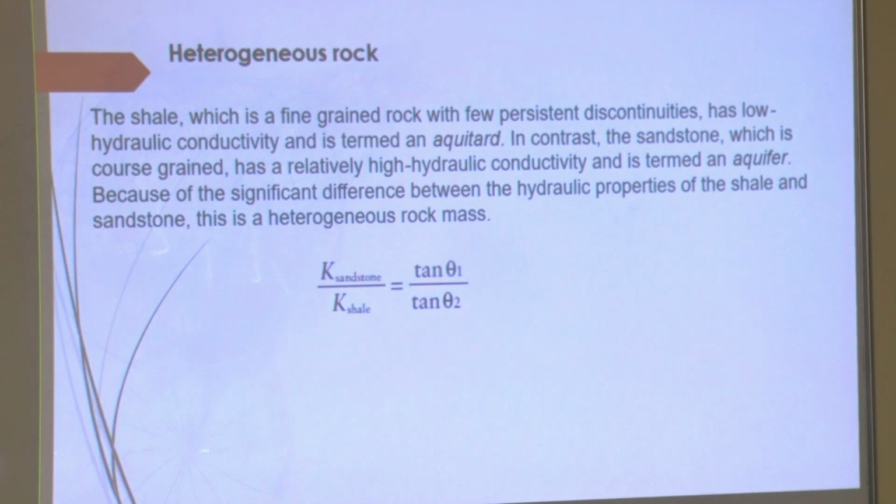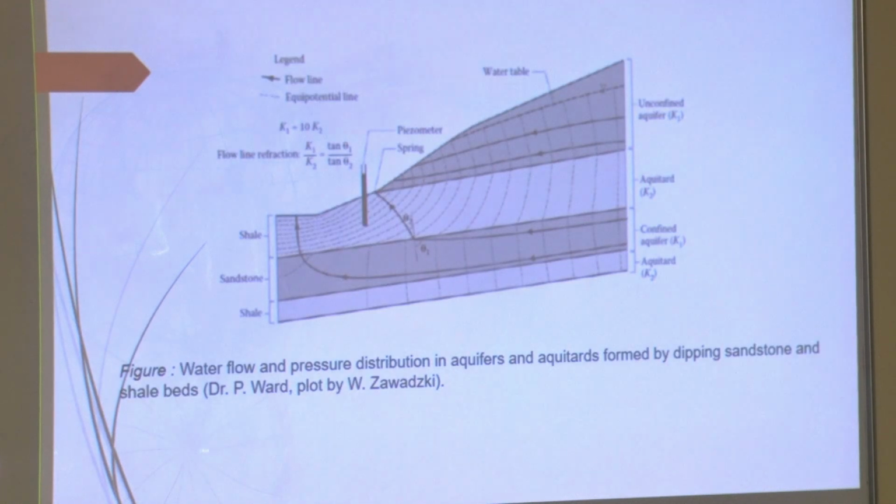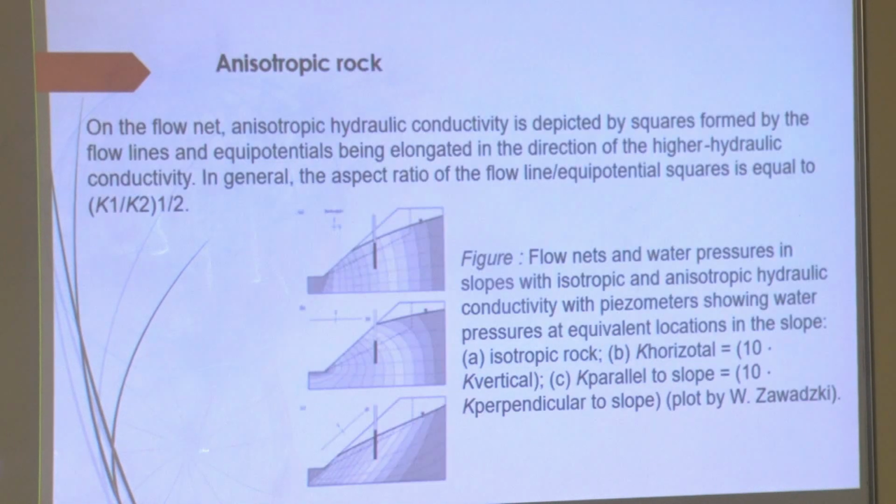Similarly, flow pattern gets this kind of deflection due to the interference of different kinds of rock layer, heterogeneity. So this is represented well by this kind of approach. It means the ratio of hydraulic conductivity of these two layers would be the ratio of this angle change. This is the work. In the book you can find this figure.